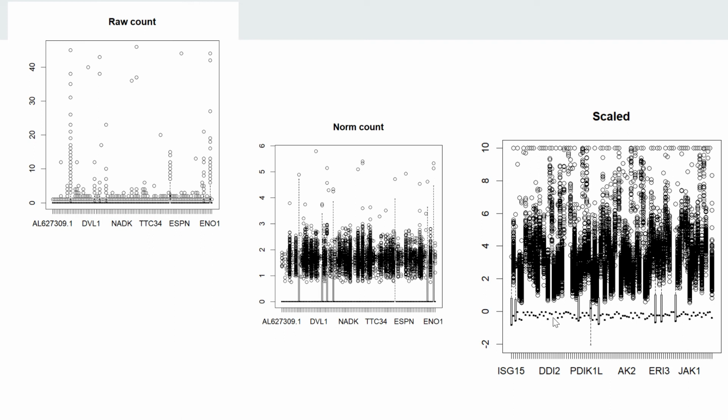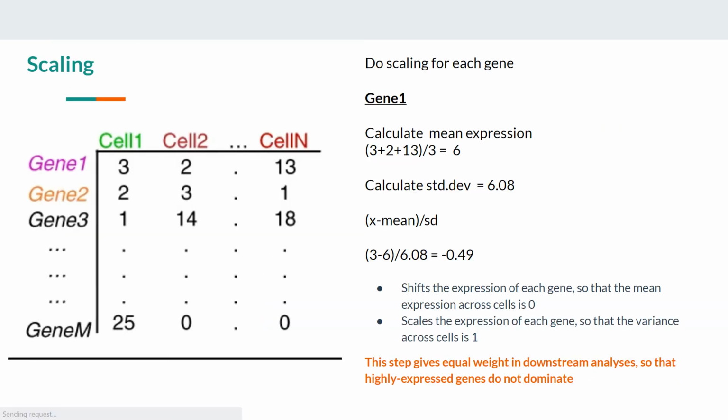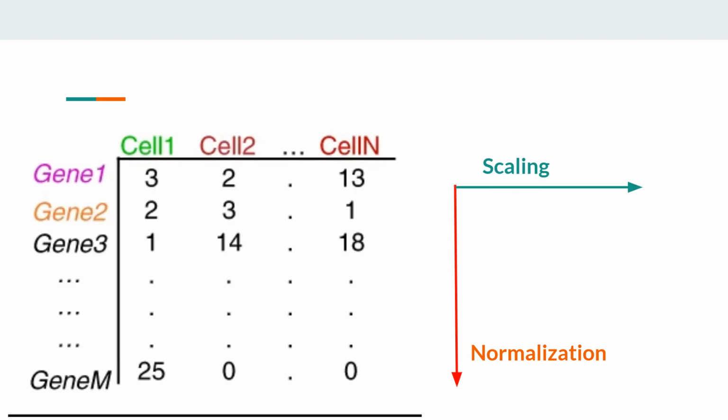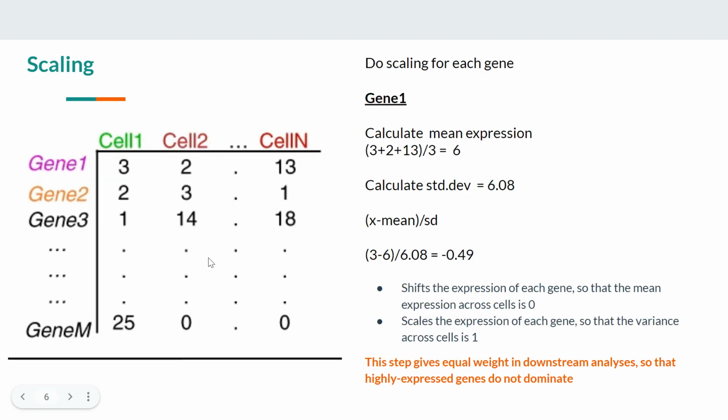So that's all I had here. What we learned in this video is that scaling needs to be done at the per gene level, and we are doing a very simple standard normalization, centering around 0 and making the standard deviation 1.